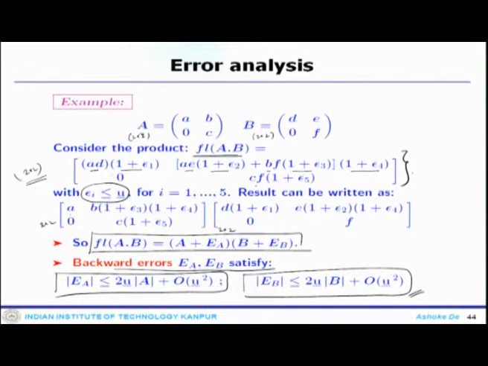Since all the epsilons considered, 1, 2, 3, 4, 5, are small numbers, you recast this particular system, or rather split it, into two different matrices A, B into 1 plus epsilon 1, into 1 plus epsilon 4.